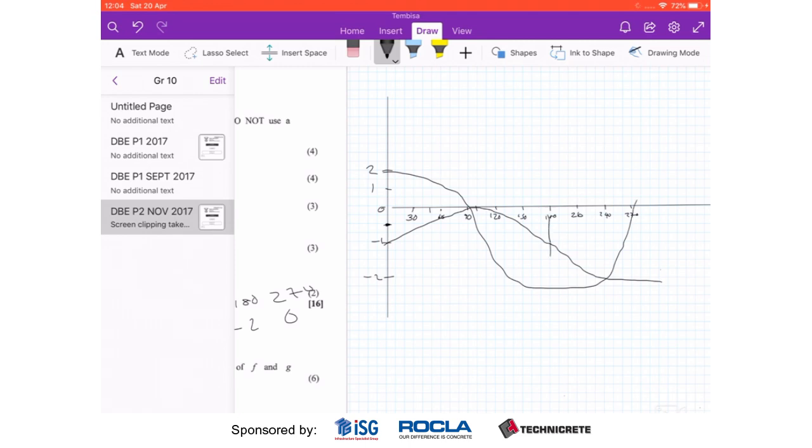So the negative 2 is only supposed to be at 180. Let's try again. Okay, so this one is my G.